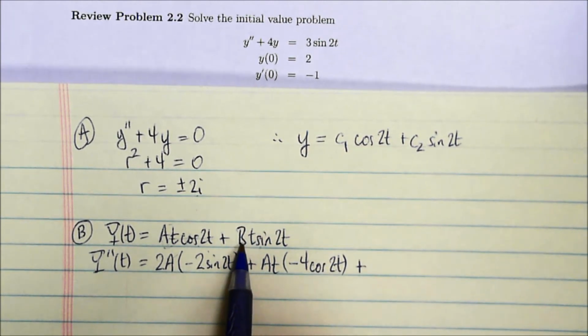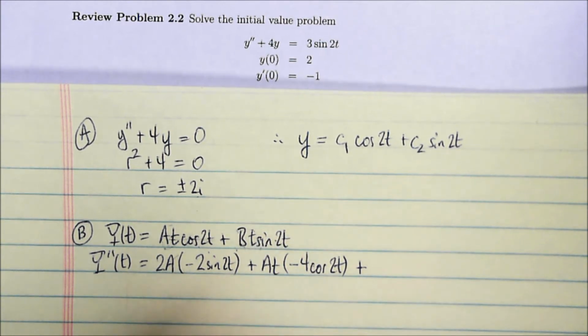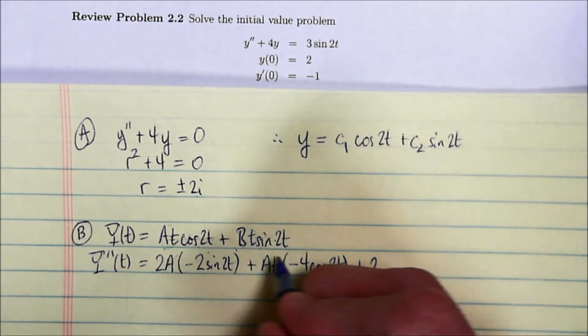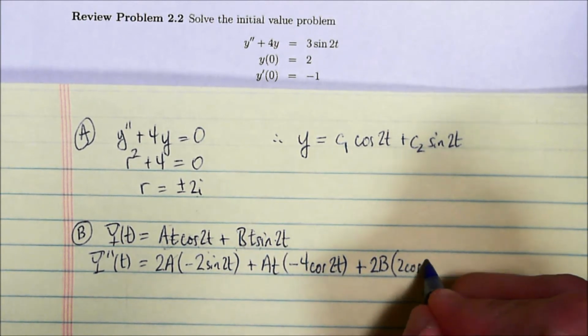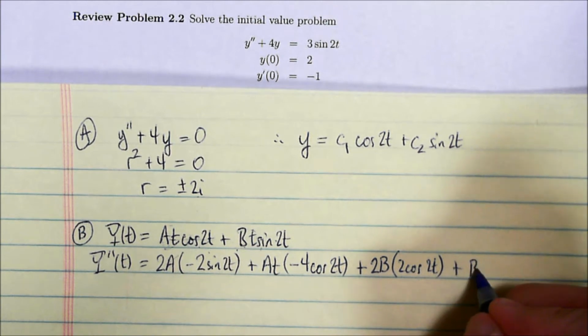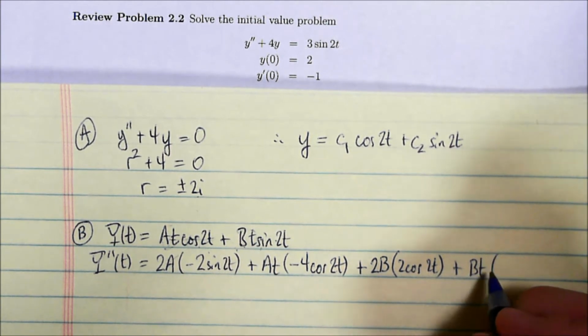Then you do the same thing over here. Second derivative of the first is 0 times the second, so I don't have to worry about that, plus 2 times the first times the derivative of the second, plus the first times the second derivative of the second.